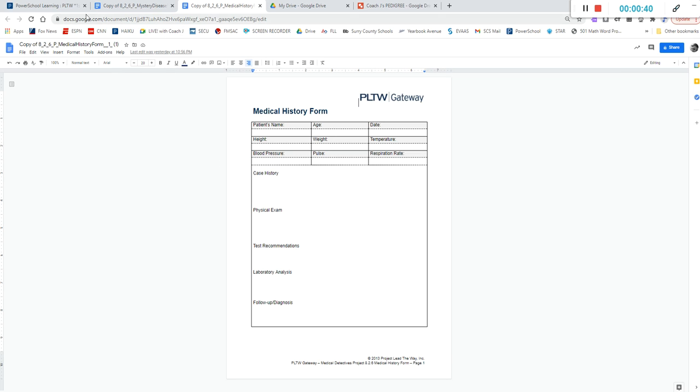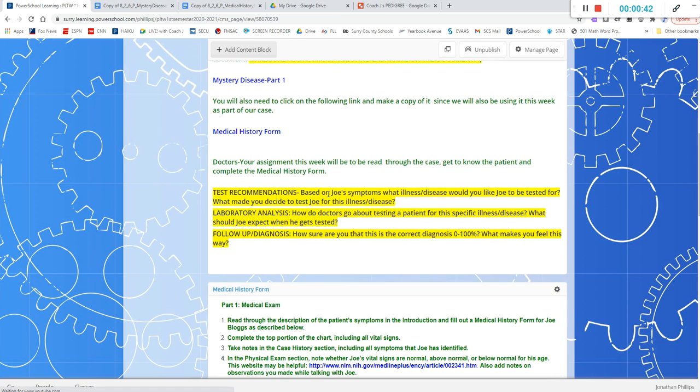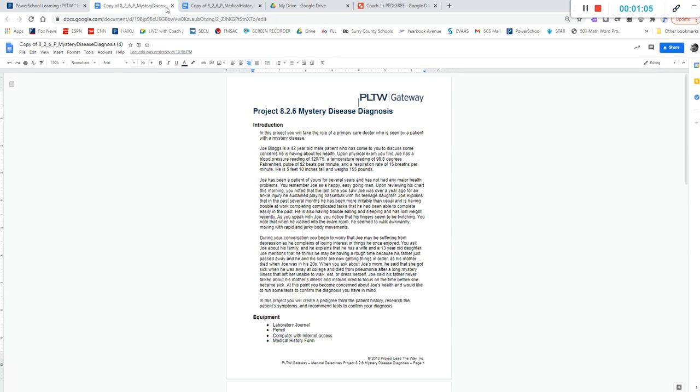follow-up/diagnosis. So if you'll go back to Haiku, at the bottom right here, I briefly explain what I would like for you to do or what questions I would like for you to answer in those sections. So for test recommendations, based on Joe's symptoms, what illness or disease would you like Joe to be tested for? What made you decide to test Joe for this illness or disease? So you can absolutely use the internet or Google to look up what symptoms Joe has and what tests you can recommend.